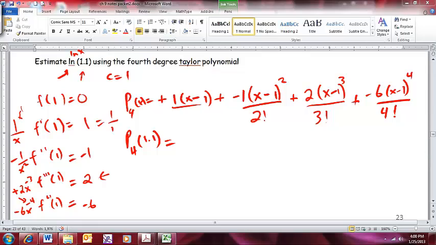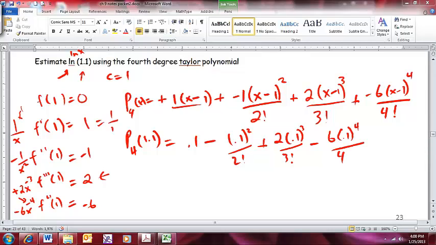And 1.1 minus 1 would just be 0.1 minus, well, it's just a 1, so I don't need that too much. I get 0.1 squared over 2 factorial plus, leave the 2 out front here, 0.1 cubed over 3 factorial minus 6 times 0.1 to the 4th over 4 factorial.